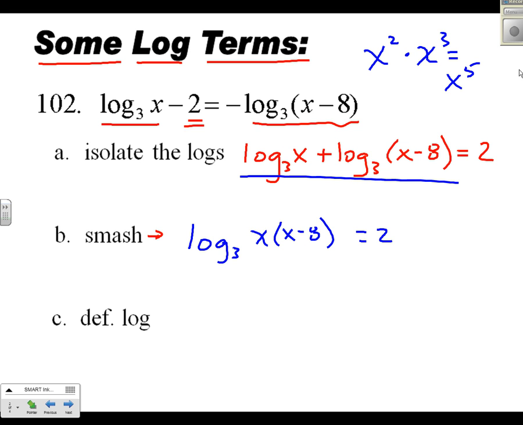And then definition of log. If you've been following along on logarithms with me, I just repeatedly say, for definition of log, what is a logarithm? This is the exponent that would turn 3 into x times x minus 8.